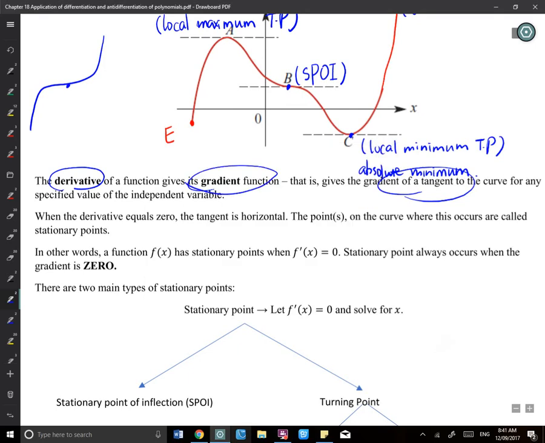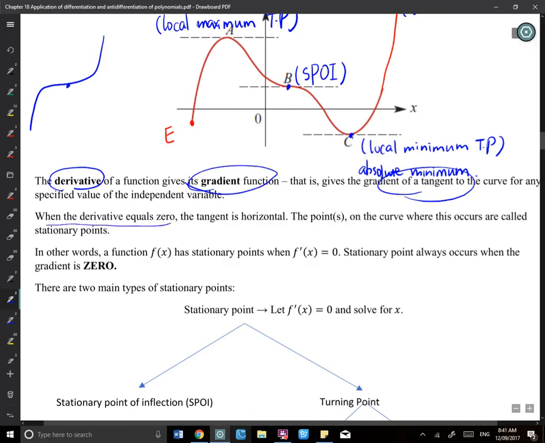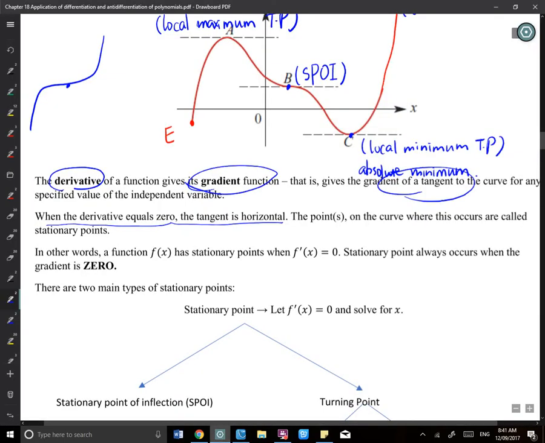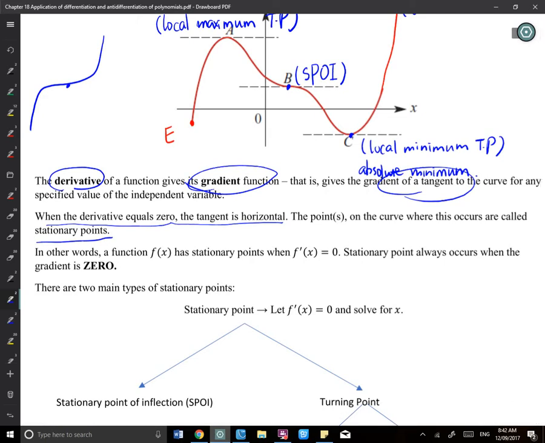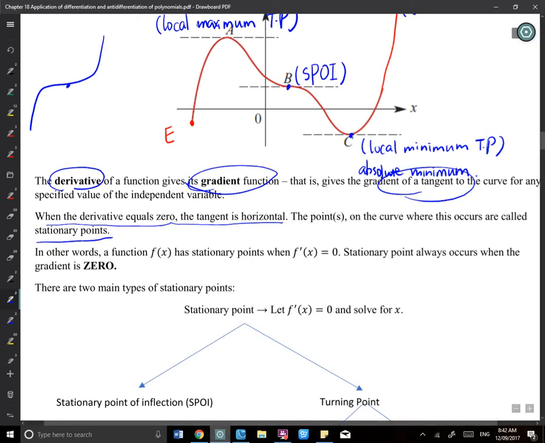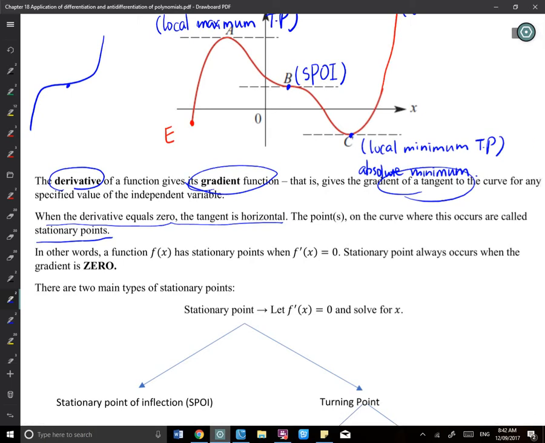So when the derivative equals 0, the tangent is horizontal, and then they are called stationary points. In other words, a function f(x) has stationary points when f dash x equals 0.